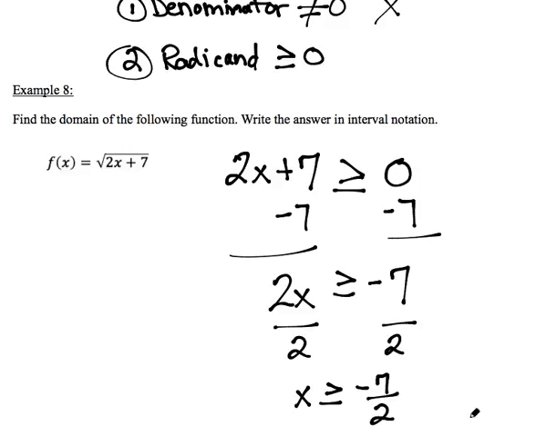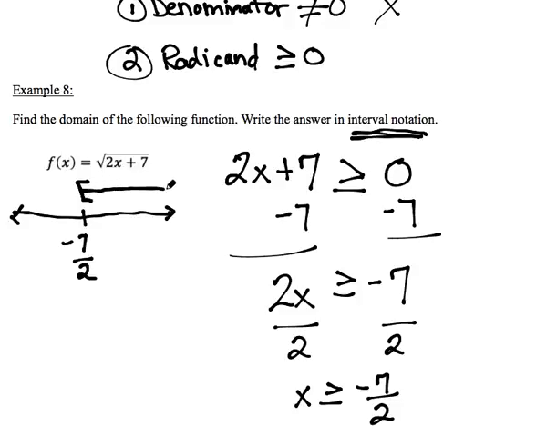All right? Yes, that is the domain, but it clearly states that I have to write it in interval notation. So how do I write x is greater than or equal to negative 7/2? So just a little refresher of what we did with inequalities before. So if negative 7/2 is right here on my number line, greater than or equal to means I'm going to get a bracket and everything in this direction to the right.